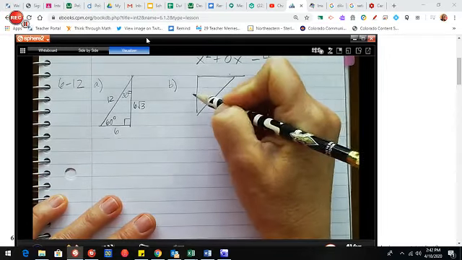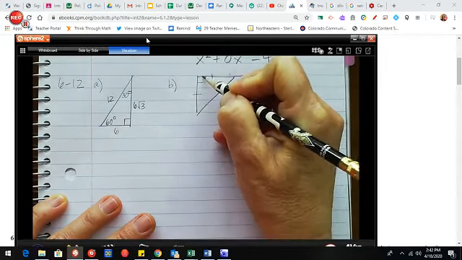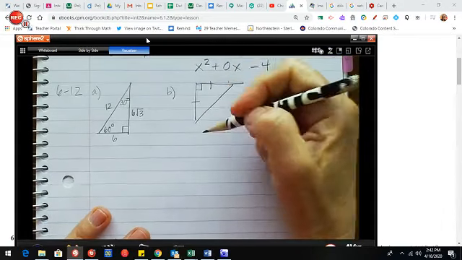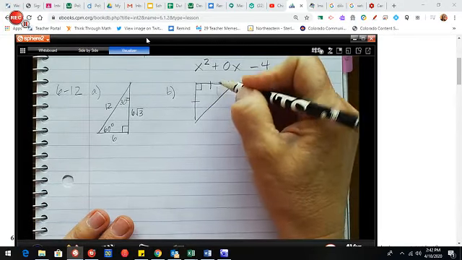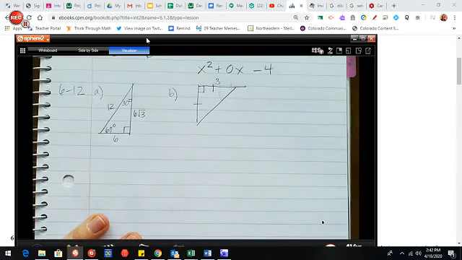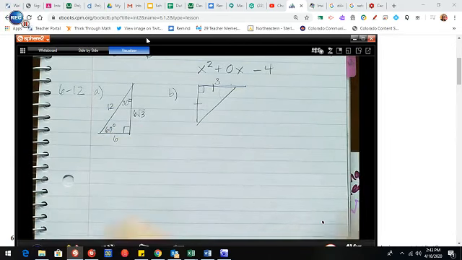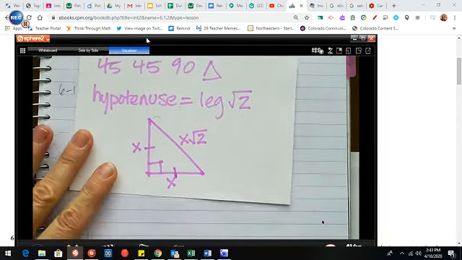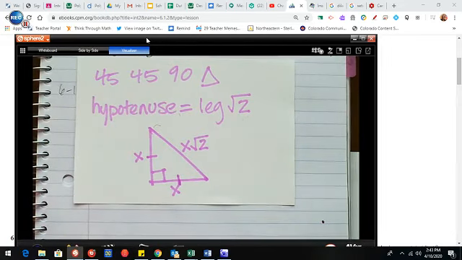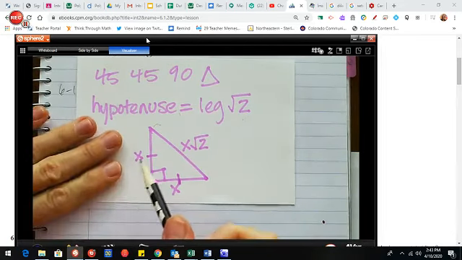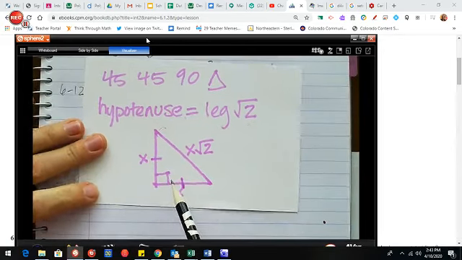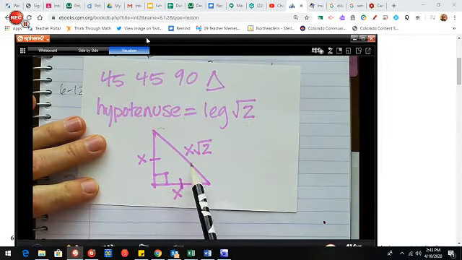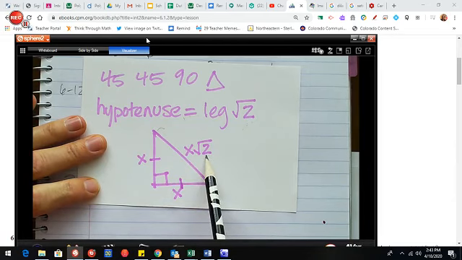You've got two sides that are equal, making it isosceles, base angles are equal, so that's a 45, 45, 90 triangle. We learned that, or you were supposed to. I feel like not a lot of people got the hang of this. In a 45, 45, 90, the two legs are equal. Well, you knew that already.